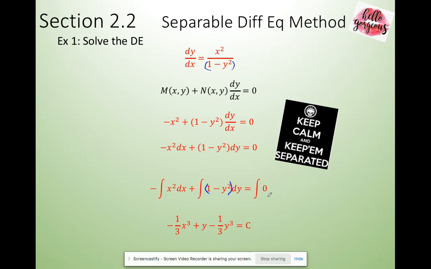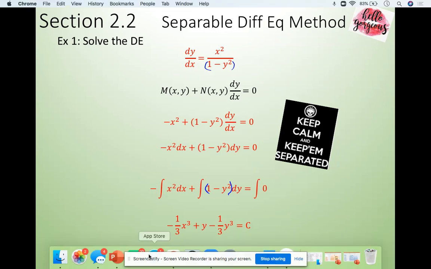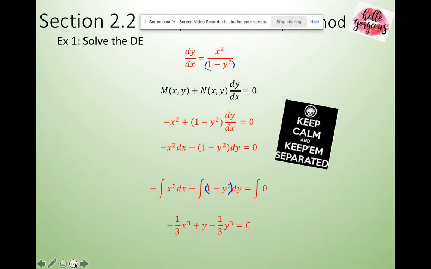Integrating 0, right, is just a constant. Multiplied through by 3 just to make everything nice. Don't really have to do that. And make note from the beginning of any domain restrictions, right? Since my derivative here looks like this, I can't plug in 1 or negative 1.